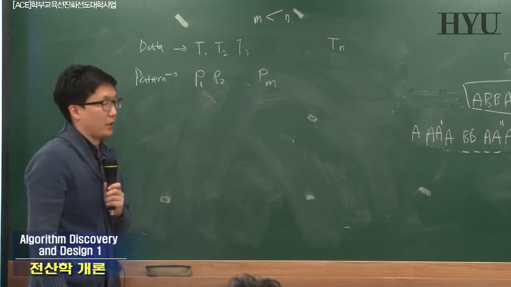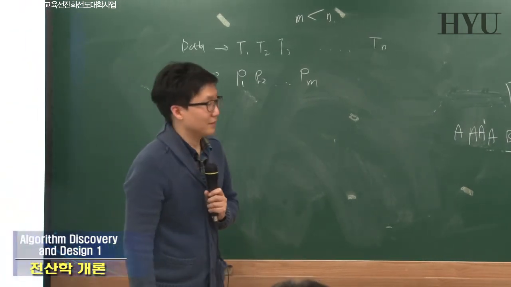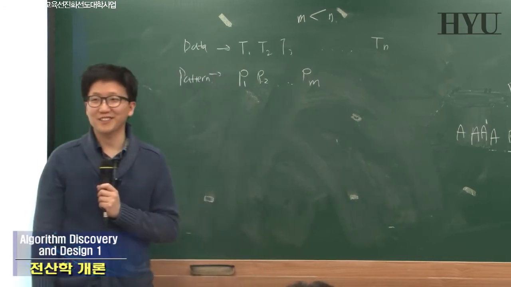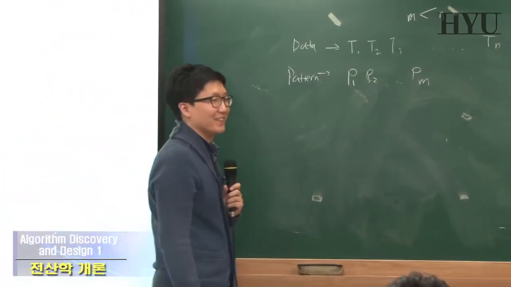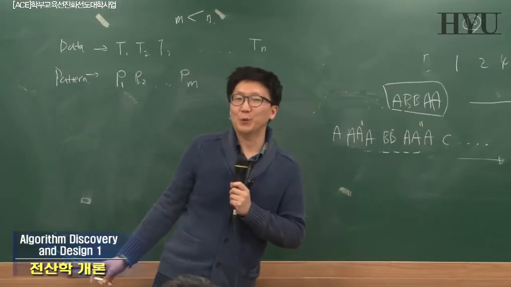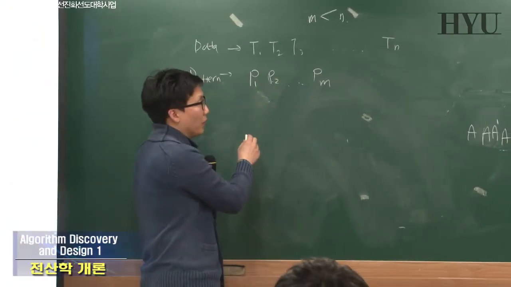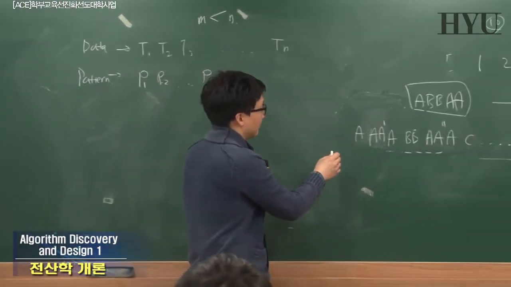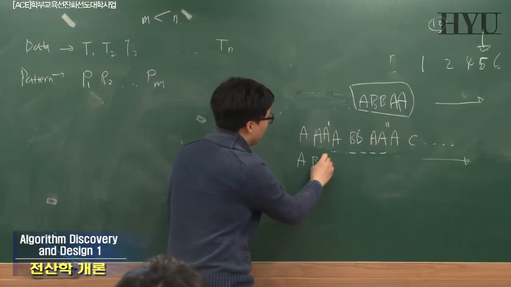Okay, what would you do? Take a guess. How would you do it? You spoke well earlier about sequential search. What would you do? Later they mention something called a sliding window. What if I match one by one? Let me do a match. A, B, B.